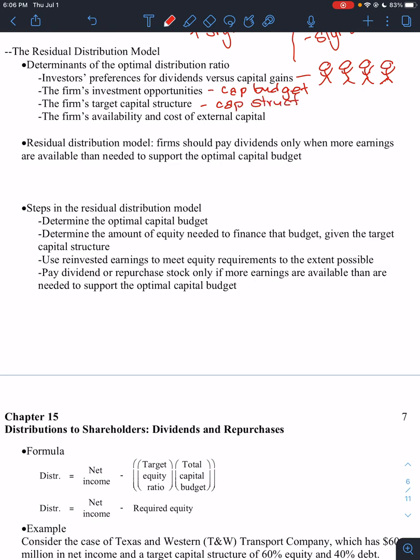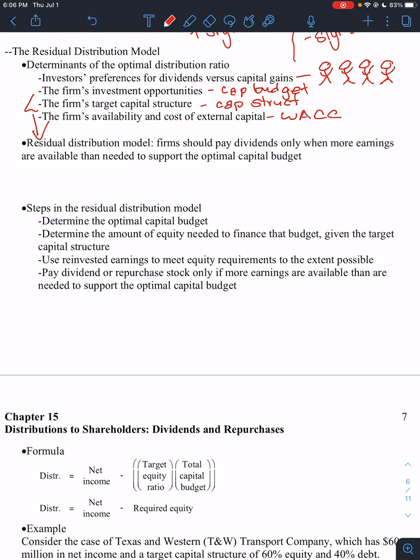And then the availability and cost of capital, think about that as being the conversations we've had about WACC. Those three things together will determine the optimal distribution ratio for the firm that we can control. Yes, it also depends on the investor, but we can't control that. We just have to be consistent.